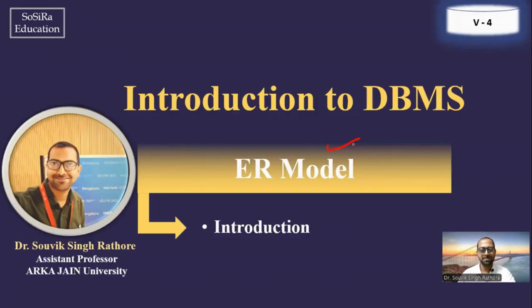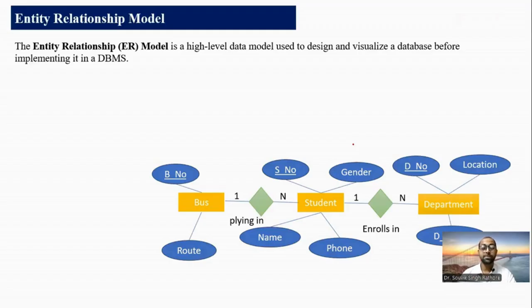So let's begin. The entity relationship model, or simply the ER model, is a very high level conceptual data model. The definition you are seeing sounds very technical, but let us understand it in very simple words. Suppose we want to develop a database for a college for managing students, teachers, courses, transportation, or the department.